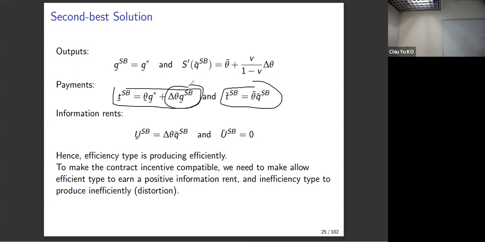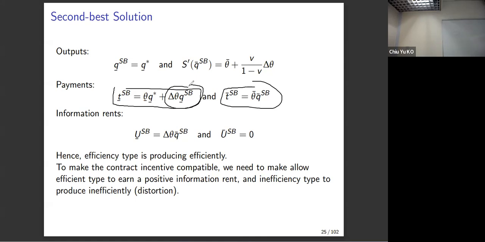Okay, the inefficient. Then how to make this thing happen? We have to make the inefficient firm produce inefficiently. So ask the production less. Okay, to make sure that the efficient type don't want to pretend. Okay, so that is the main result from this model, and turn out that this is very general.